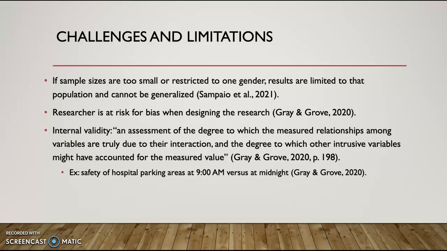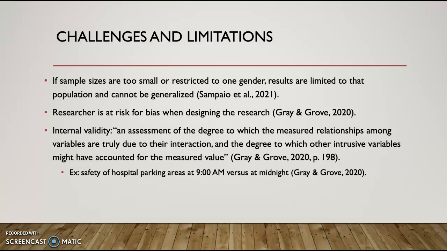Also, researchers are at risk for bias when designing the research, so they have to be careful there. And also, internal validity, as Gray and Grove define it, is an assessment of the degree to which the measured relationships among variables are truly due to their interaction and the degree to which other intrusive variables might have accounted for the measured value.